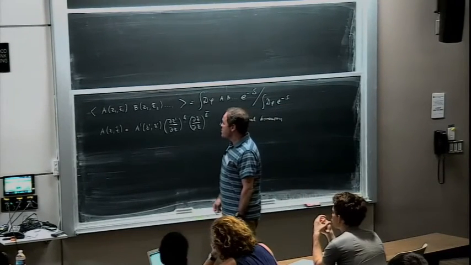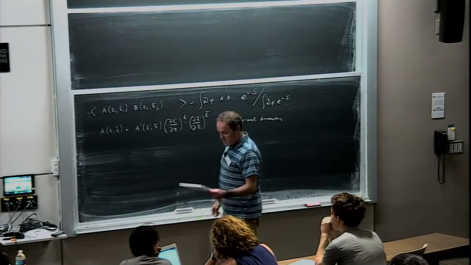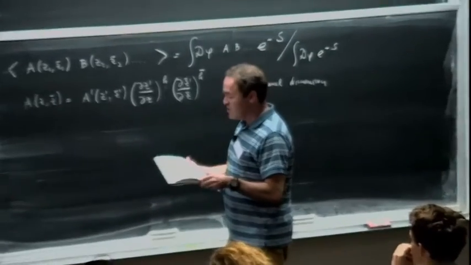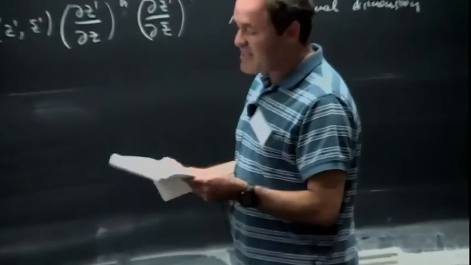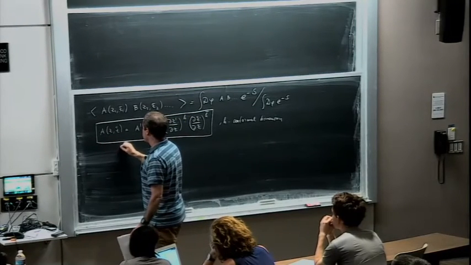OK, so that's the transformation law, which is postulated at this stage. Now, to be able to take advantage of this law, we need to write down its infinitesimal form. By the way, an operator which transforms according to this law, and not every operator transforms according to this law, is called a primary operator or field.